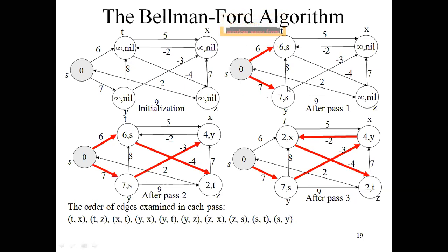Okay, now see, after the initialization step, we are applying the iterations. In the first pass, we are applying the relaxations, or updations. See, we have vertex 0. From 0 to T, it is a directed edge, and you can take this one as 6, since 0 plus 6 is 6, which is less than infinity.